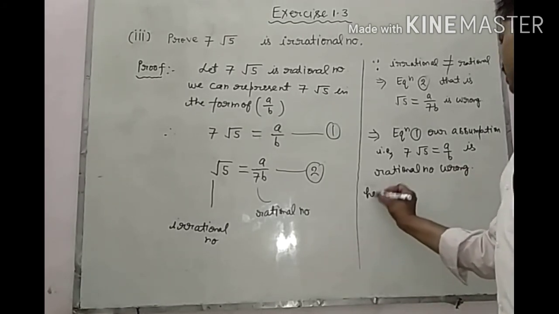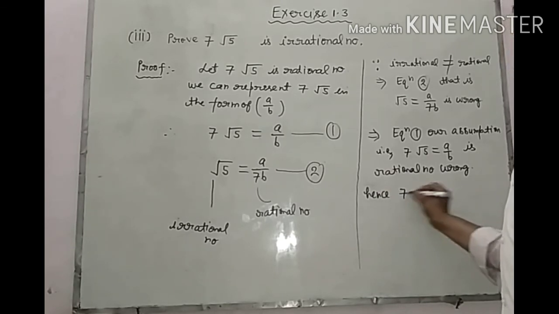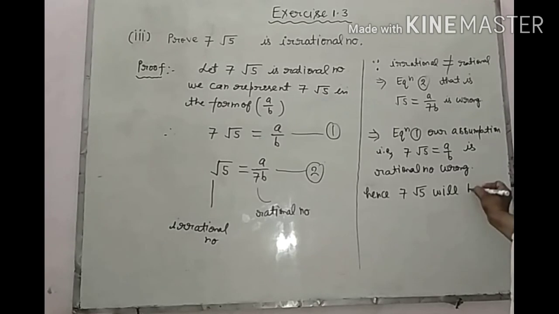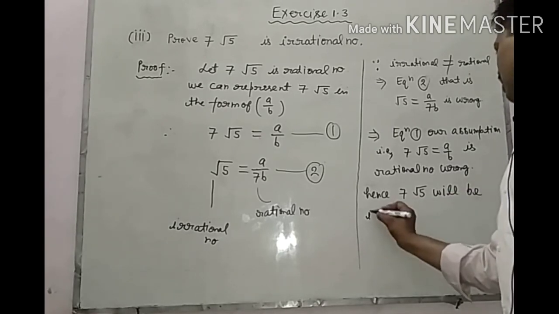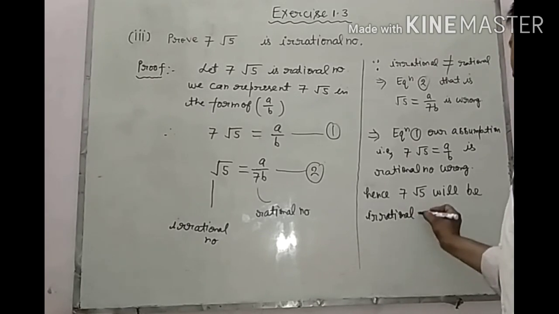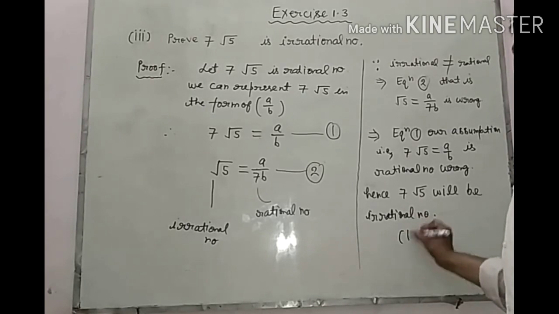Hence 7 root 5 will be an irrational number, friends. True.